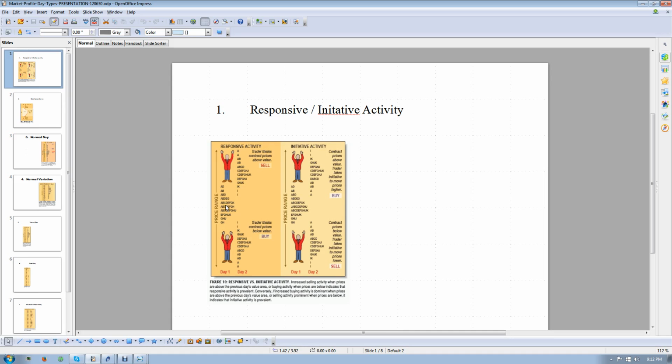So here's the prior day, and the A period opens lower, and it responds to the lower prices because the traders think prices are below value, and the A period opens up and goes up, and then tries to get in the prior day's value area. So those are two examples of responsive activity.